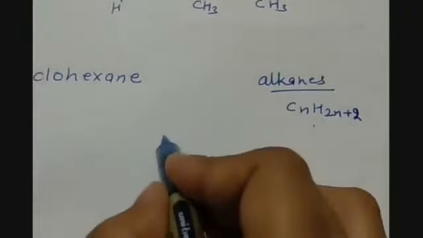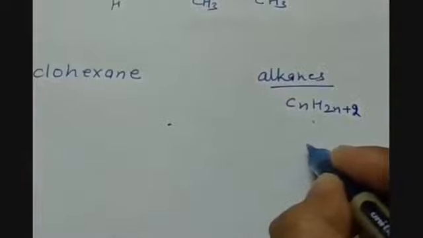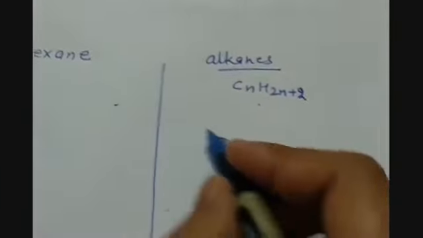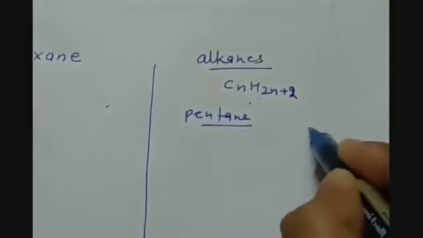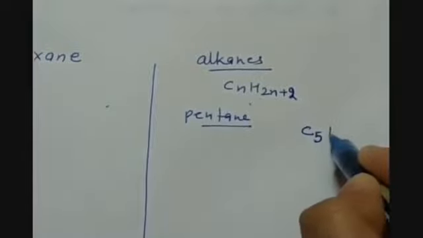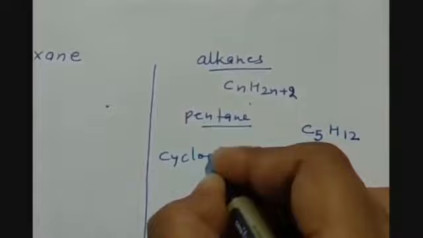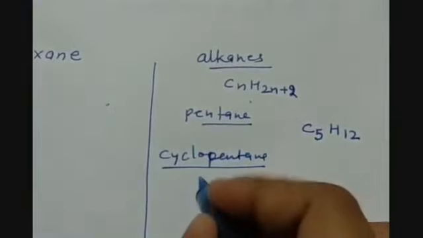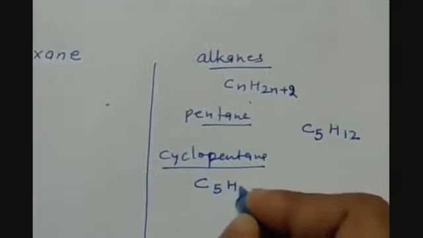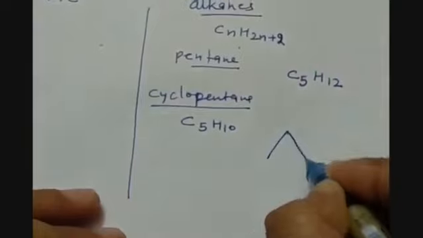Suppose the problem was there in cyclopentane. So pentane has a formula of C5H12, but cyclopentane has a formula of C5H10. Why? Let us draw the structure and find out the difference.